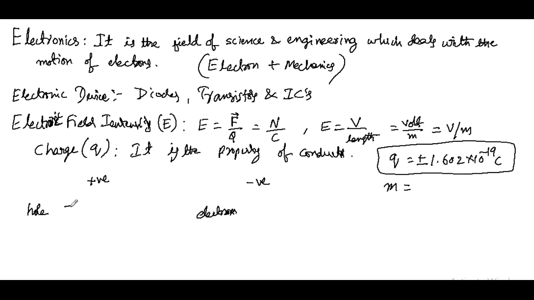The charge of the hole is positive and the charge of the electron is negative, with the same value, which is why I wrote plus or minus 1.602 into 10 to the power of minus 19 coulombs. And the mass of the electron or hole is 9.1 into 10 to the power of minus 31 kg. So these two are the standard values of an electron or hole.